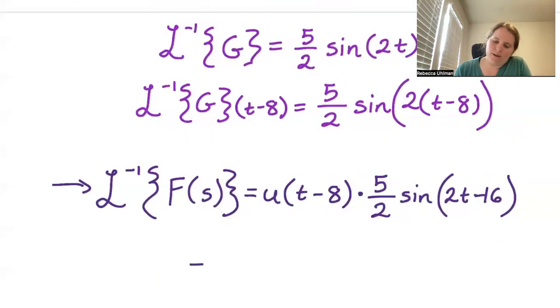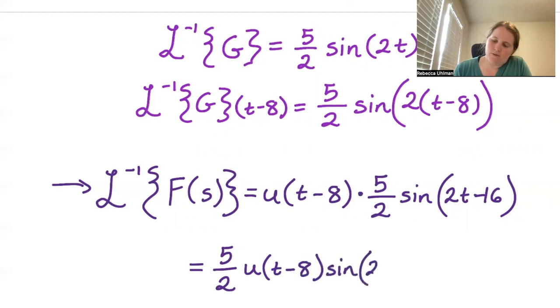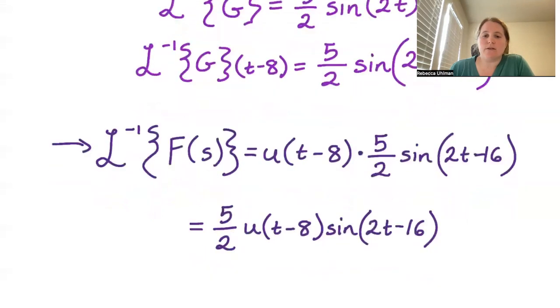Or we can rewrite this as 5 halves u of t minus 8 times sine of 2t minus 16. So this is finding the inverse Laplace transform of that simple exponential times a rational expression.